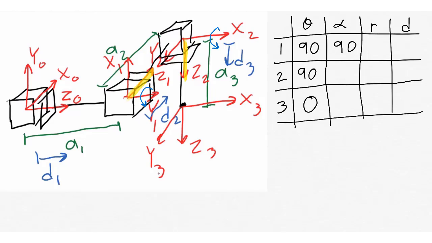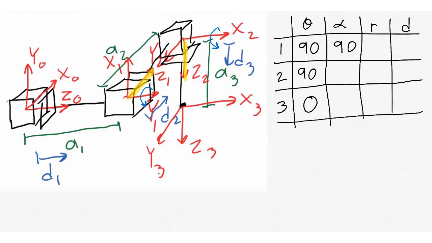The 90 degrees that I have to rotate here is in the negative direction. If I would rotate in the positive direction 90 degrees, I would get Z1 to point up. But I want Z1 to point down to match Z2. So I have to rotate negative 90 degrees around X2 in order to get Z1 to point down.